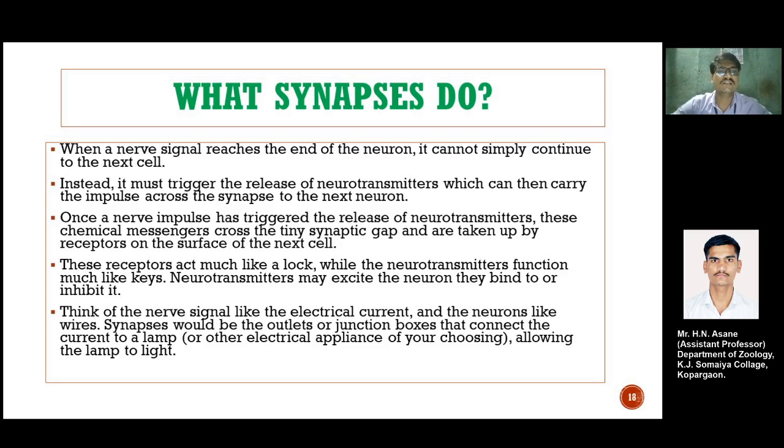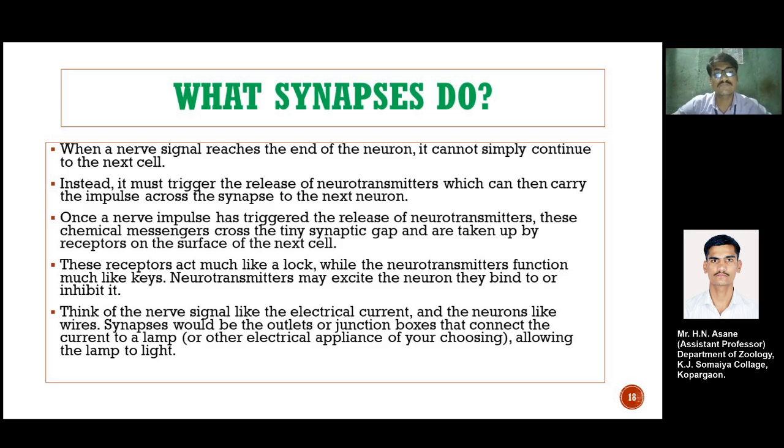When a nerve signal reaches the end of the neuron, that is the axon terminal, it cannot simply continue to the next cell, because of the gap between the two cells at the junction. So instead of passing the signal directly, it must trigger the release of neurotransmitters, which can carry the impulse across the synapse to the next neuron.